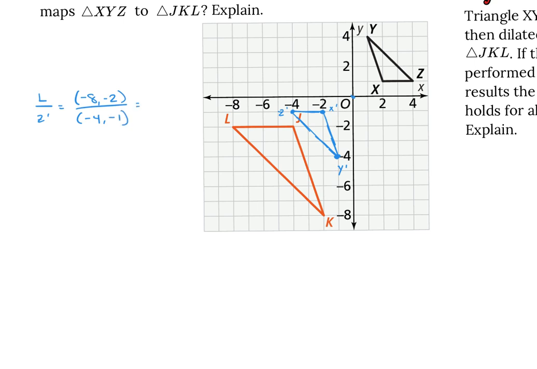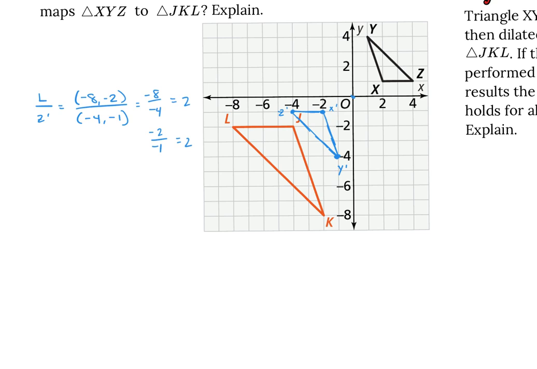So I can create scale factors out of that. So -8 out of -4, I'm going to end up with a +2. I could do the same thing with the -2 over -1 to give me a scale factor of 2. So far it looks like my scale factor is going to be 2.